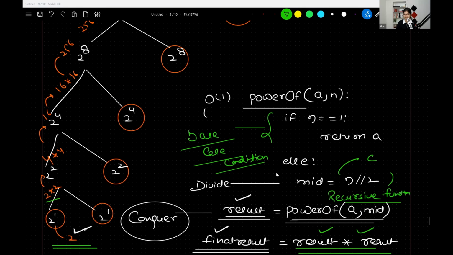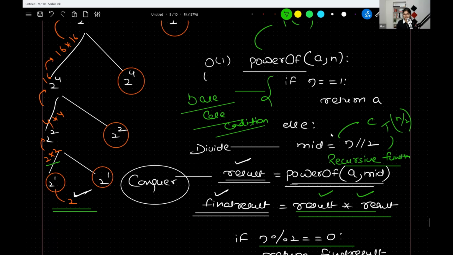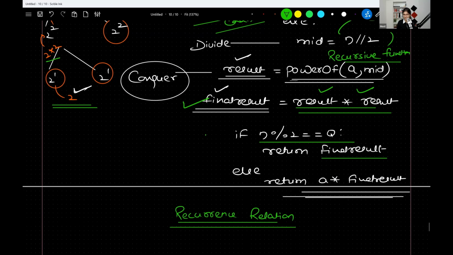Let's say our complexity is T of n. So in this recursive function, what will you tap upon? n by 2. Very good. Basically, what you are doing is a division by 2, by 2, by 2, right? So can I say it will be T of n by 2? Yes or no? Again, computing this final result or checking the even and odd is again a constant task.